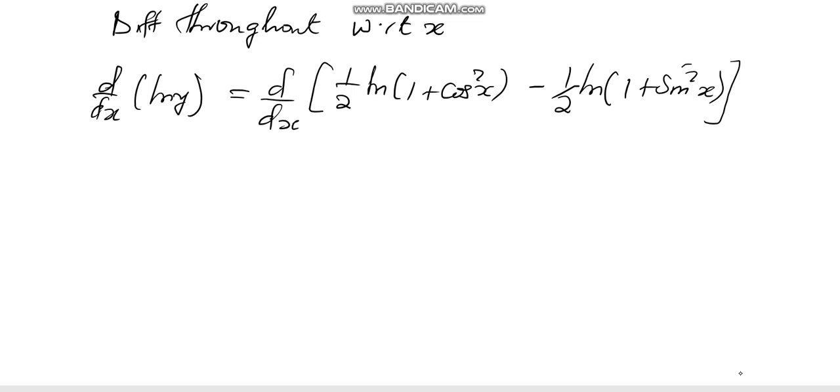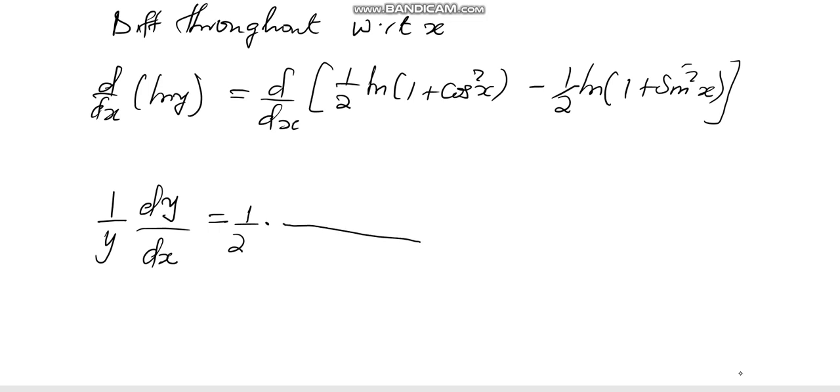If we differentiate ln y with respect to x, we apply implicit differentiation because we're differentiating y with respect to a different variable, x. So when we differentiate it, we also include the dy dx at the end, giving 1 over y dy dx. On the right side we start by differentiating the whole term the way it is: we have 1 over 2, then 1 over (1 plus cos squared x).